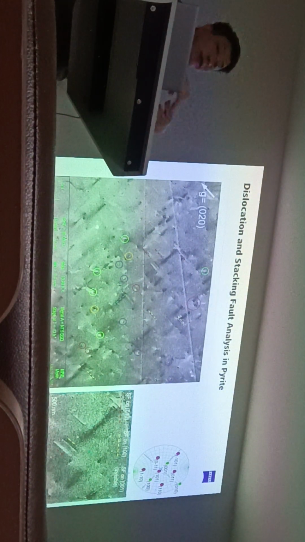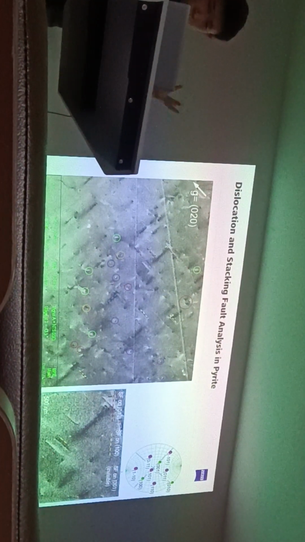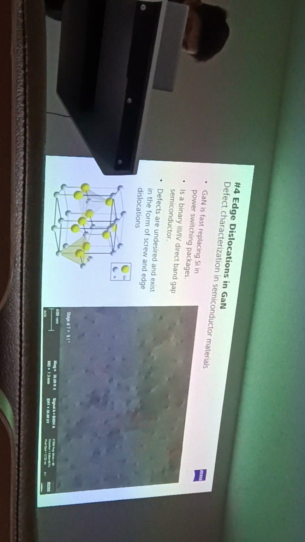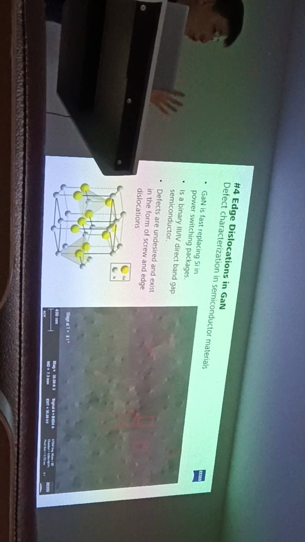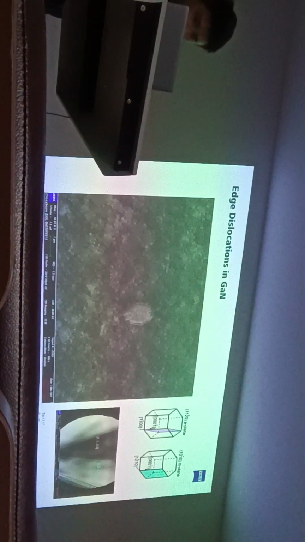You need to draw a vector that is perpendicular to that. This is called a trace analysis. So we know exactly this is against which crystallographic plane, right? So we can do all this. Gallium nitride is an amazing material that warrants all this cECCI research, also other semiconductor materials.